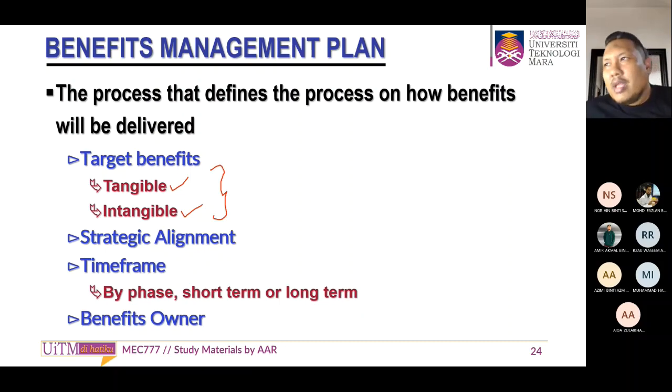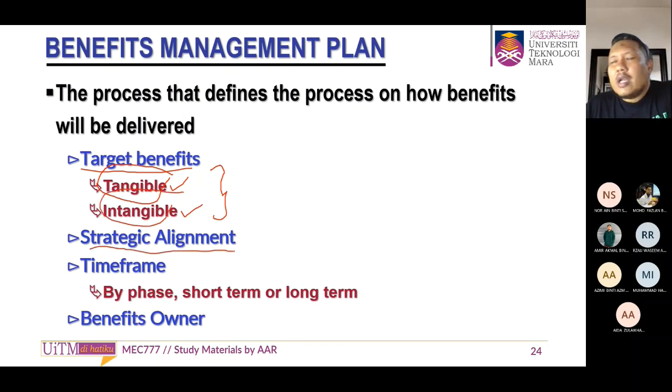So they do analysis on the tangible or intangible. So now the project no longer brings benefits. Maybe before the pandemic we felt it was very tangible. Now it becomes intangible.